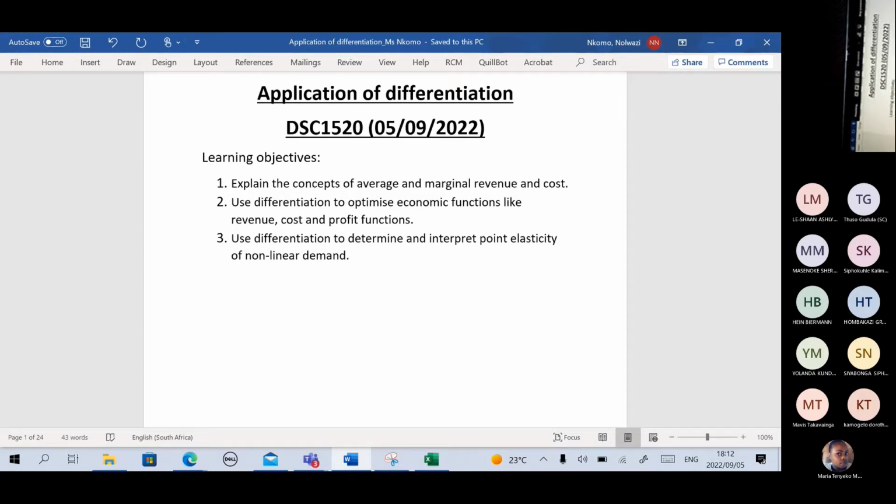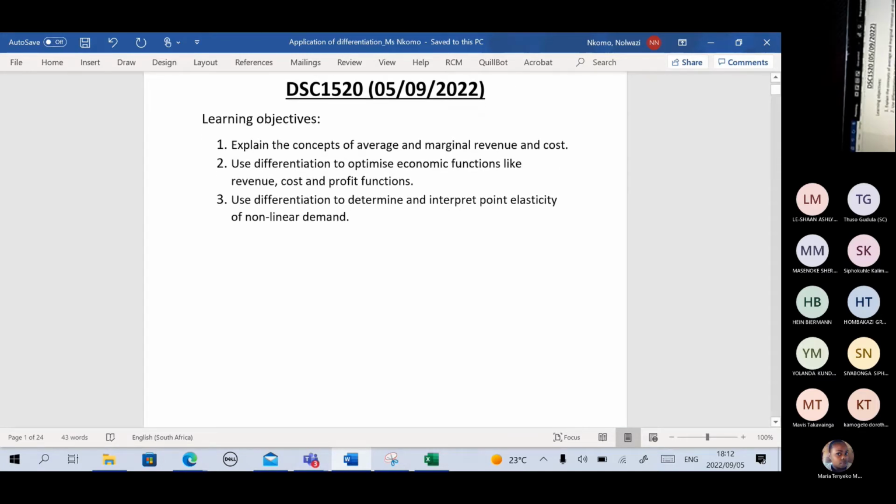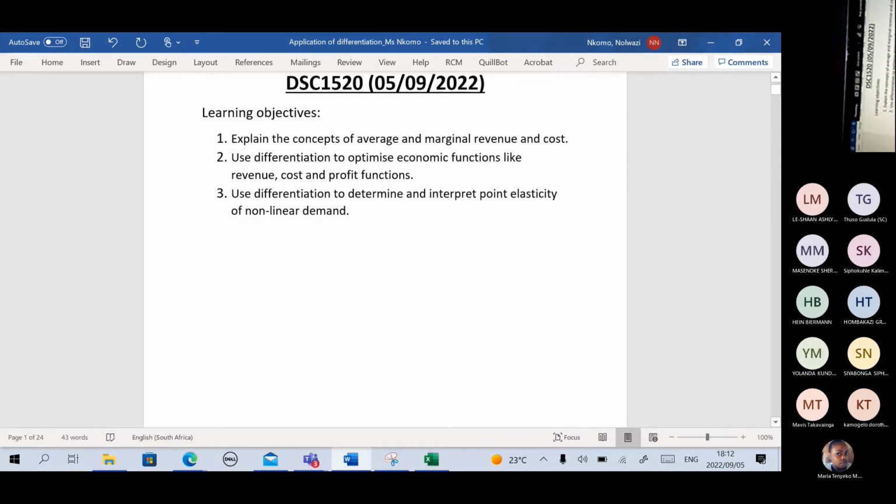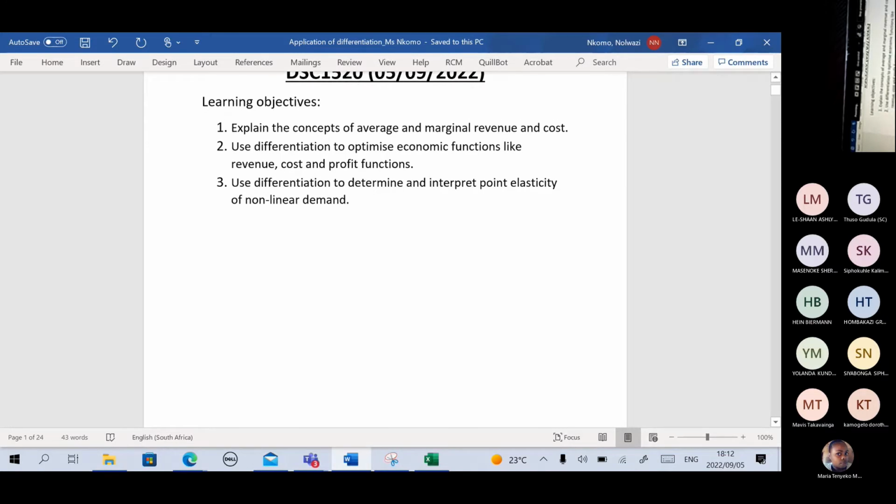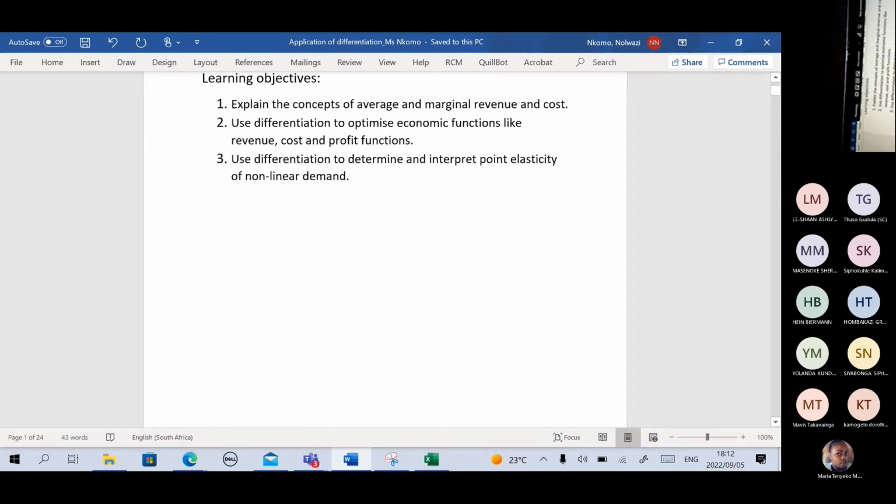Okay, remember that your last session, which was chapter 5, was based on differentiation. So now we'll use what we learned in chapter 5. In fact, we'll be applying what we learned in chapter 5. So we are only doing the applications today.